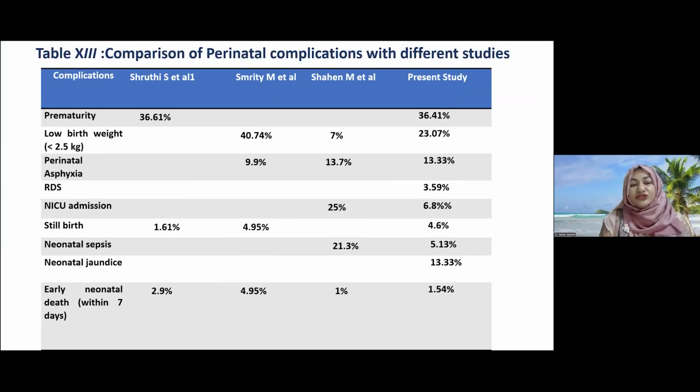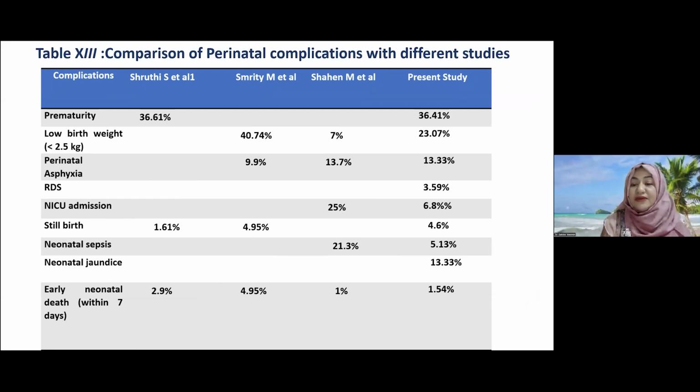Table 3 shows comparison of perinatal complications with different studies. That is, prematurity. In my study, the prematurity was 36.41%, and in the study of Shruti S. et al., 36.61%.